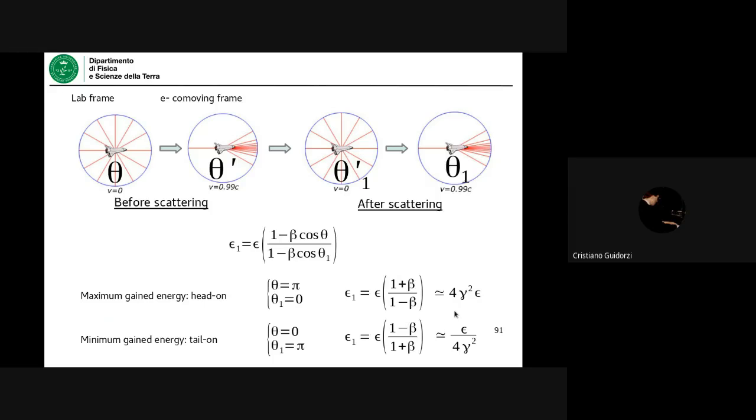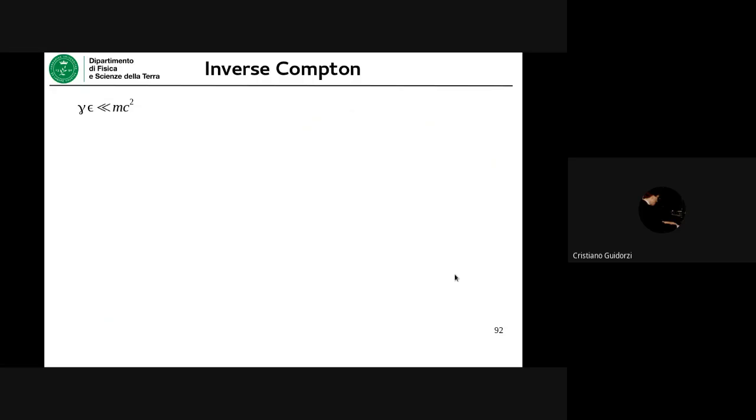This is one of the few photons which are particularly unlucky, because in this case the photon loses energy since it just scatters off the electron from behind. As a matter of fact, the resulting energy is suppressed by a factor of 4 gamma squared. So these are the two extreme cases.